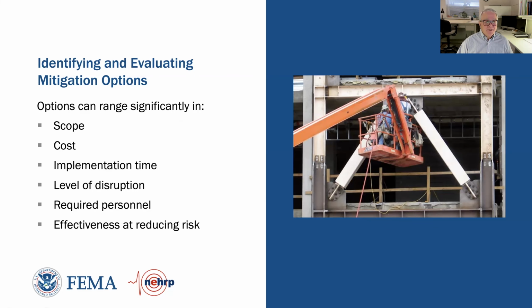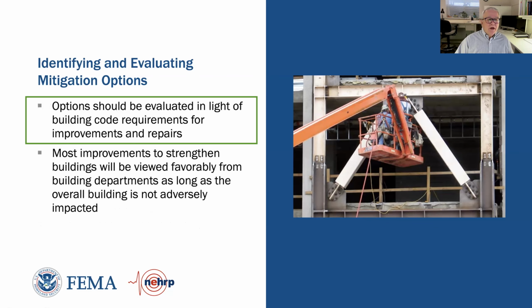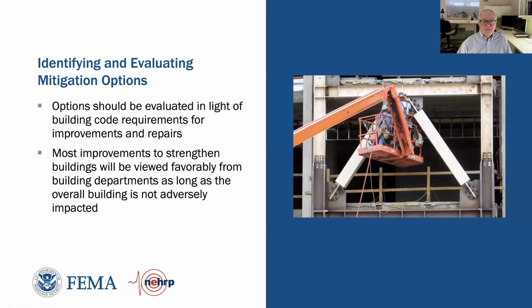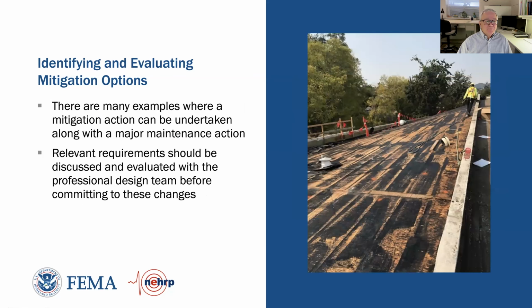evaluating these mitigation options. Options should be evaluated in light of the building code requirements, obviously for repairs and improvements. Most improvements to strengthen buildings will be viewed favorably by the building departments as long as the overall building is not adversely affected. So these would be voluntary upgrades to buildings.